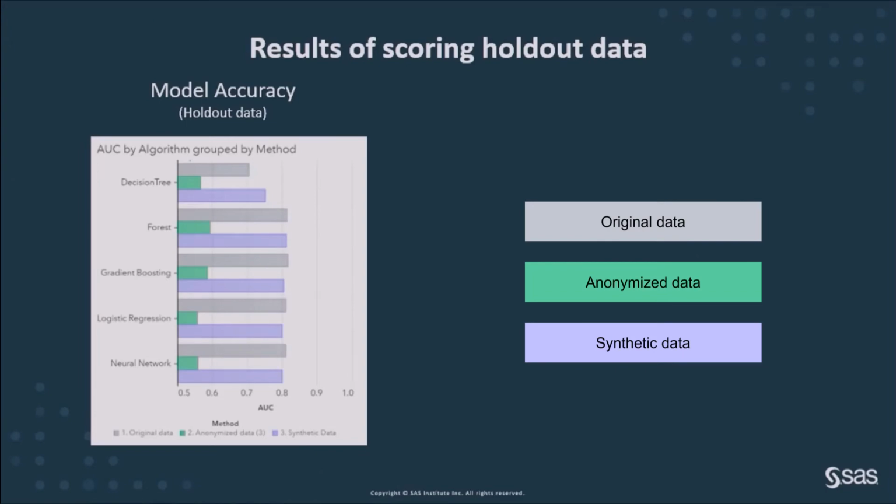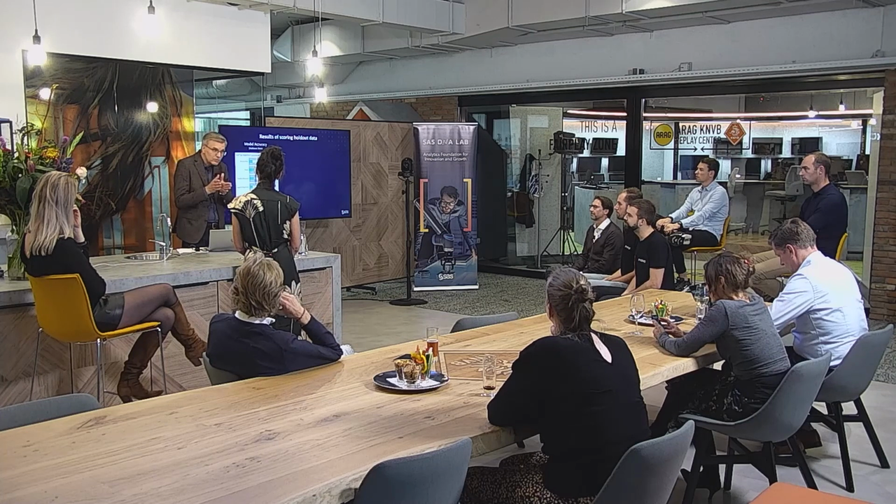We saw the accuracy of the models on synthetic data is similar, almost the same as on original data. It's for random forest, for regression models. In this case, for a decision tree, it was not the case because the data was too complex to create a nice decision tree. But for the other models, the more complex models, it's really the same. Indeed, we don't have to worry about the accuracy of the models on synthetic data.